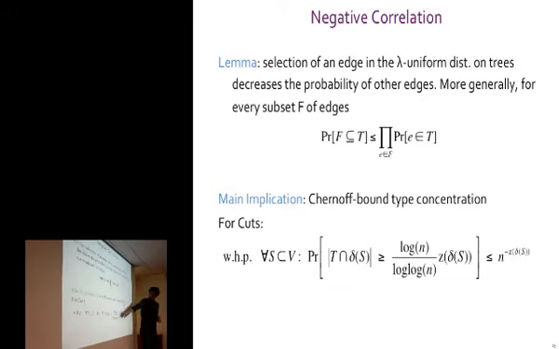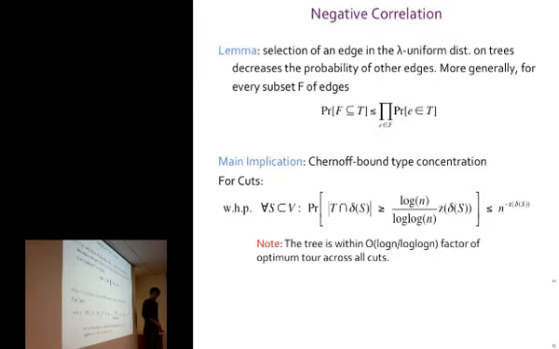Note that the expected value of a cut is the summation of the z of edges in that cut, because the probability of each edge being in the tree was z. So let's see what this means. This means that my tree is within log n over log log n of the optimum. Across each cut, it has at most log n over log log n more edges than the solution of the LP.